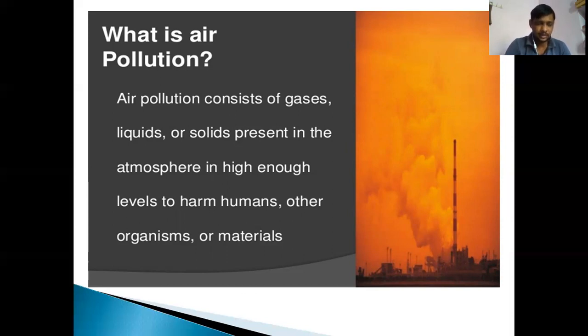For example, oxygen is present at only 21 percent, and carbon dioxide approximately 1%. If the carbon dioxide level increases, then automatically it is going to harm life on the earth, whether humans, animals, or other organisms, the aquatic animals or the land animals.